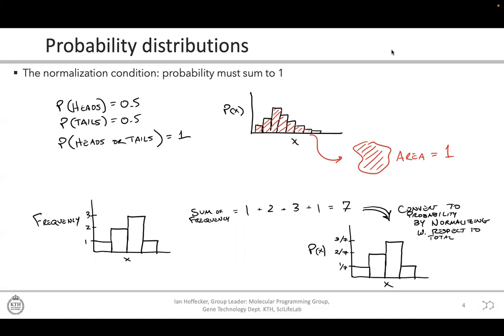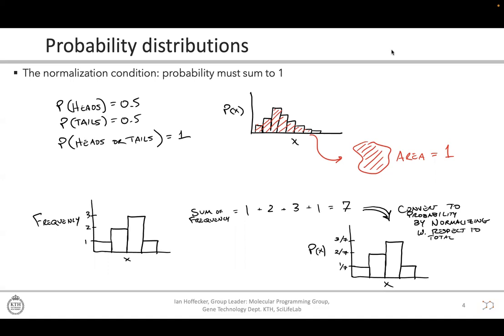So it represents something fundamentally different than the distribution of results that you get from an experiment. And there are a few features that you need for it to be considered a probability distribution.